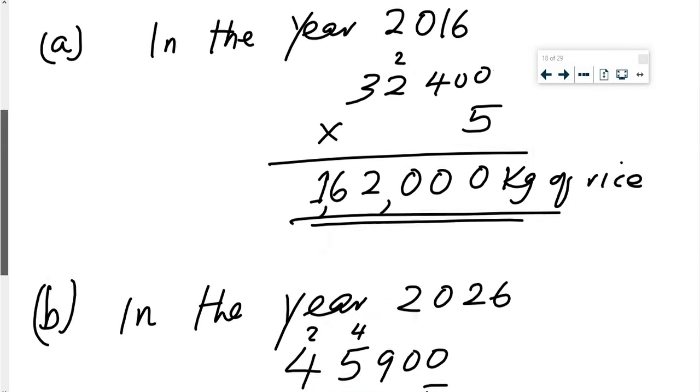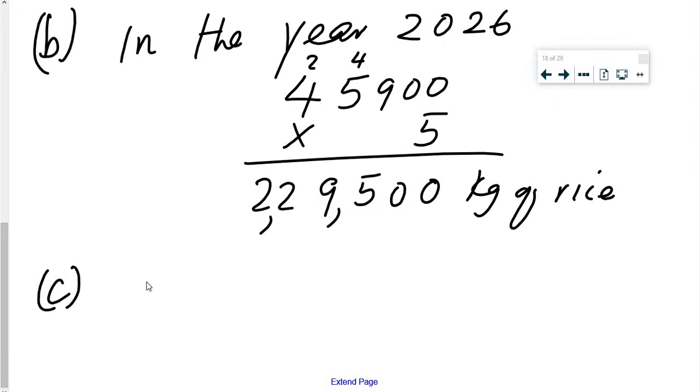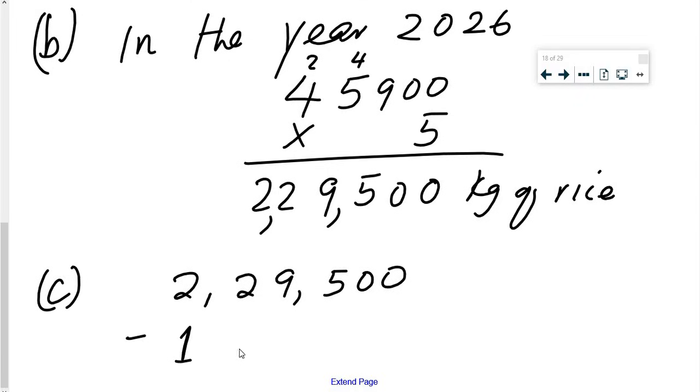Question C. Determine how much additional rice will be required per month in 2026 compared to 2016. So we need to subtract the two amounts. 229,500 minus 162,000.